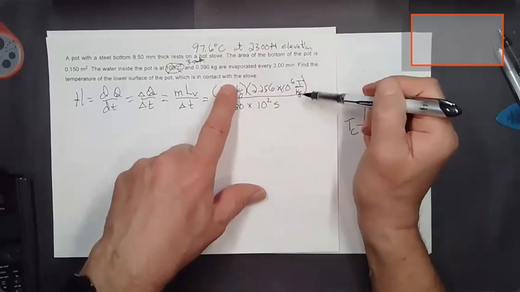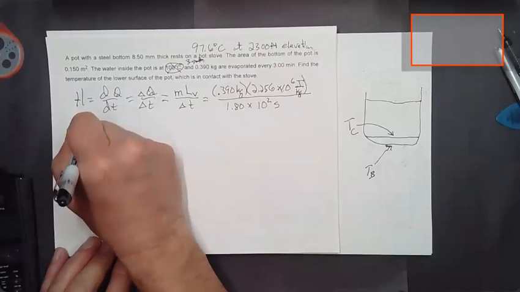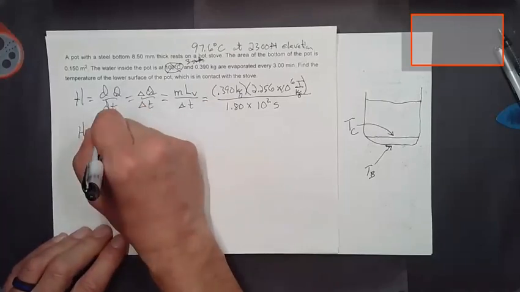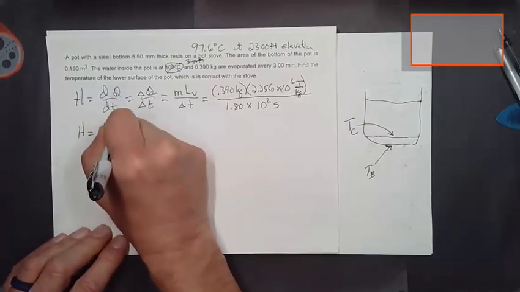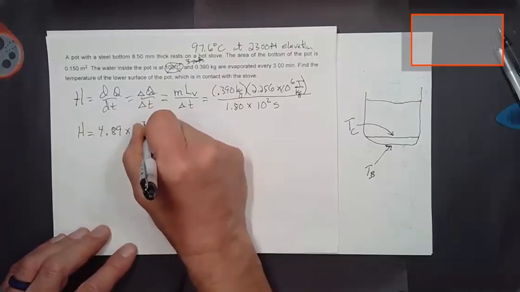And the kilograms will divide out, and I'll have joules per second, which are watts. So the heat flow here has to be, let's see, 4.89 times 10 to the third watts.